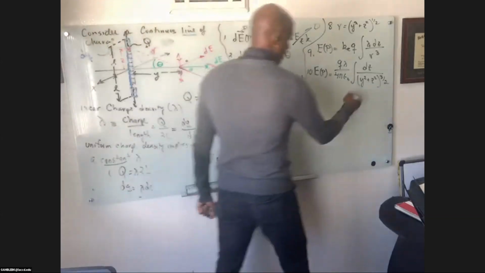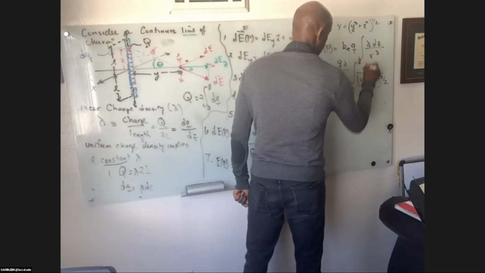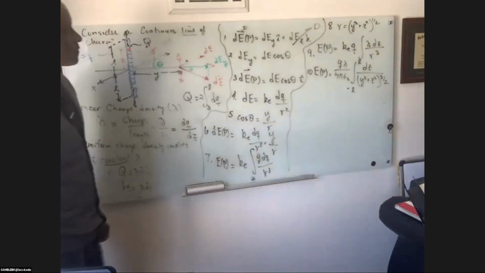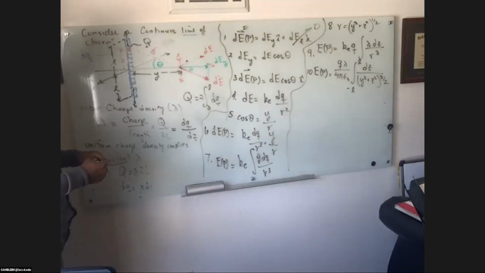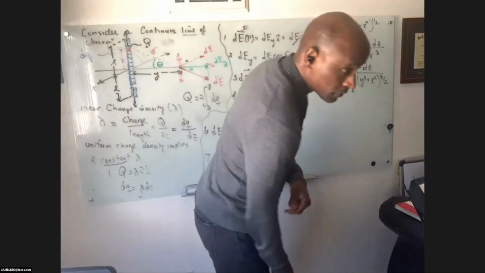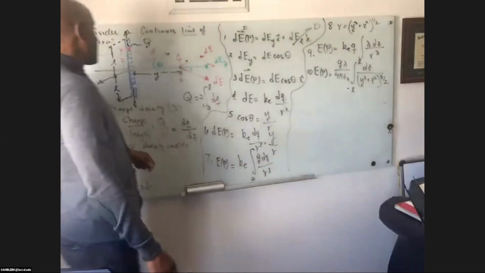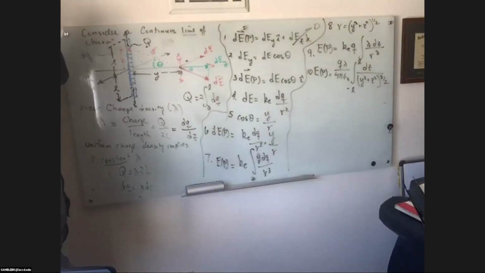I think I'm just going to go from minus L to L. So basically, that's what's set up. That's what you have to do to work out Coulomb's law for it. That's one version.